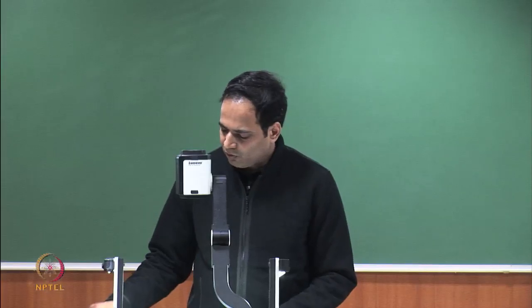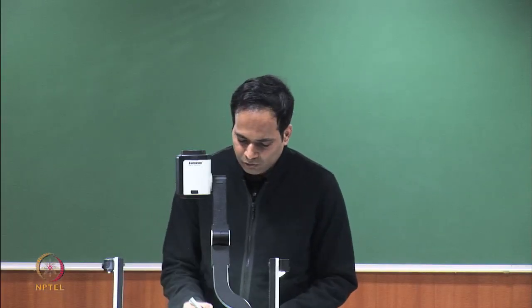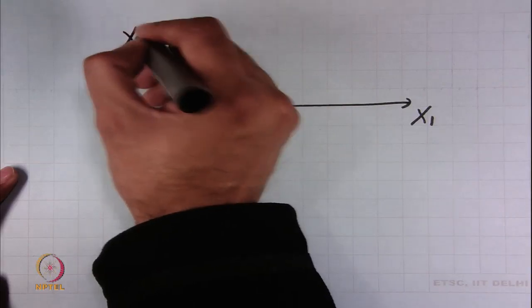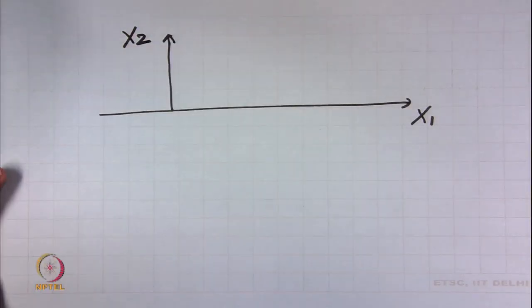Now, if we look again at these x1 and x2, after having understood that these are jointly Gaussian random variables, what kind of random variables are they?